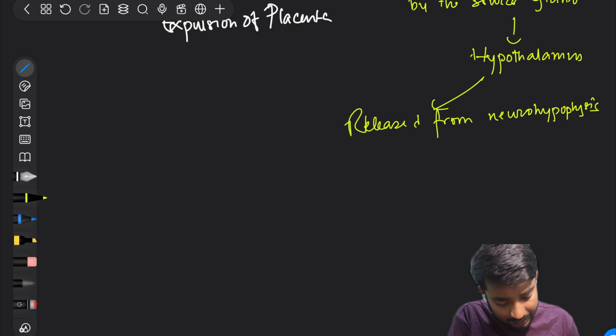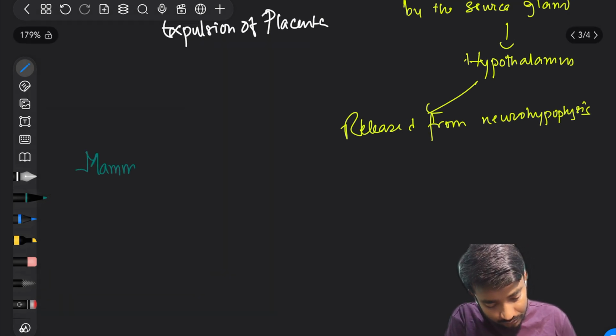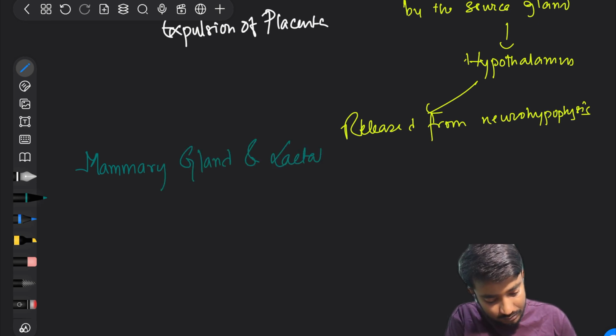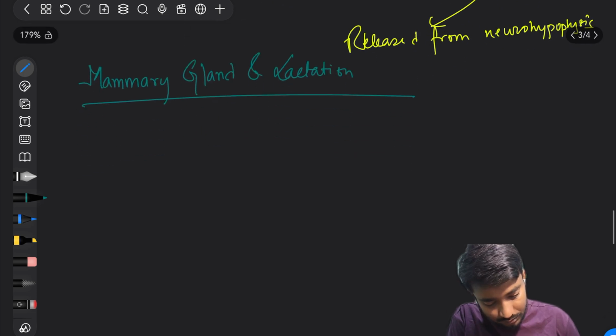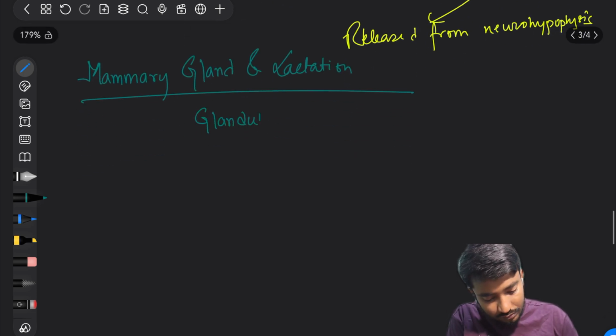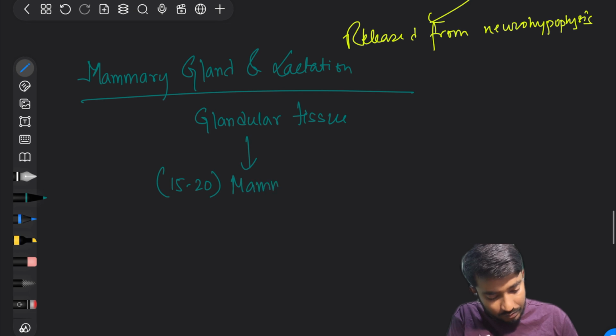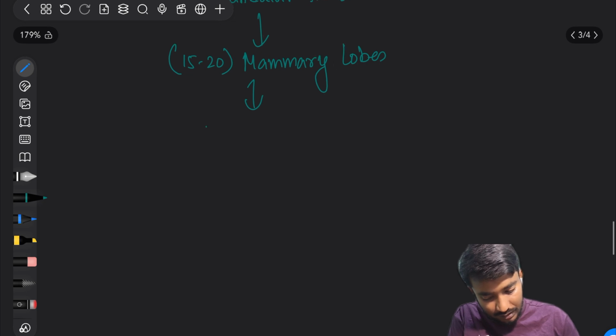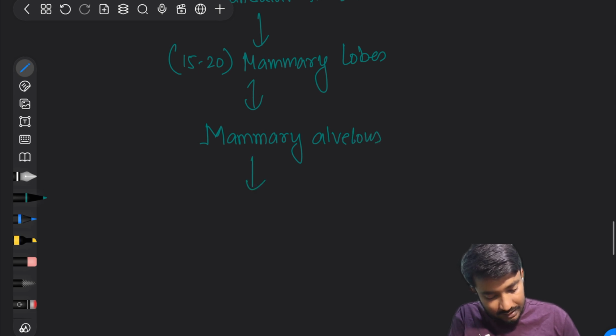Now, in the case of the mammary gland and lactation, we see the glandular tissue. It has 15 to 20 mammary lobes. A mammary lobe contains mammary alveoli, which are clusters of cells.